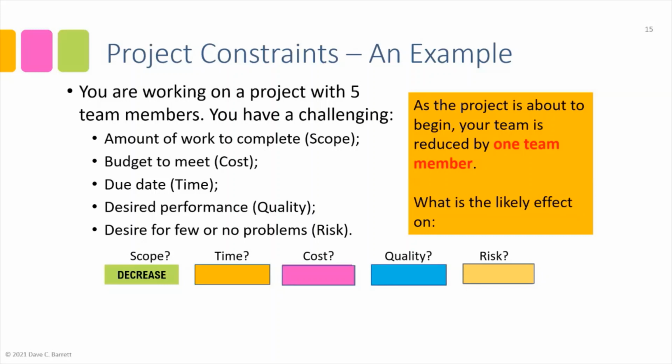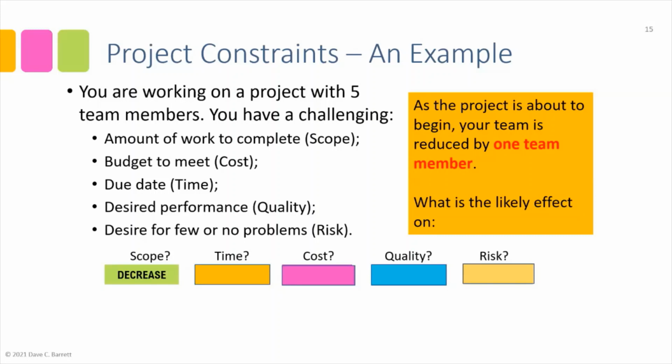Now, what about, let's sort of reset the deck here and say, okay, let's consider the time constraint. Now, in this case, we're not decreasing the scope anymore. We're saying, okay, we're reducing our resources from 5 to 4, but we want the same scope. We don't want to reduce it. The same budget. We can't make any change to the budget, the same quality, the same risk.